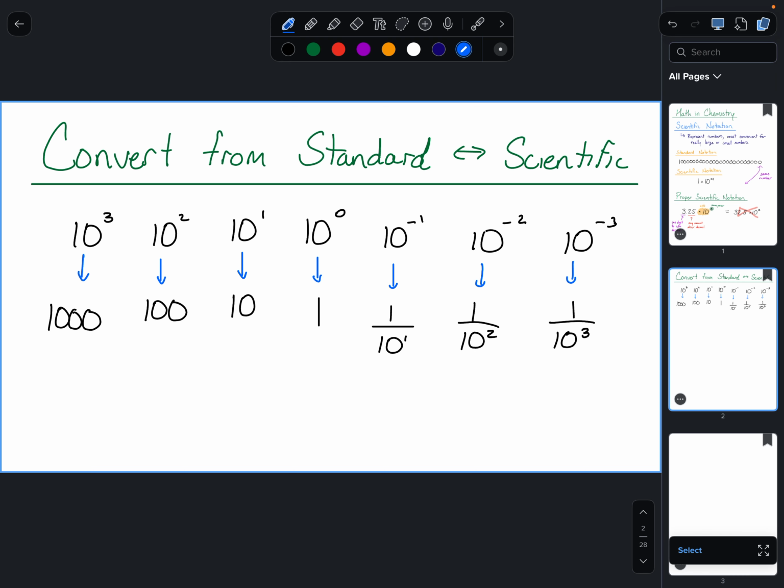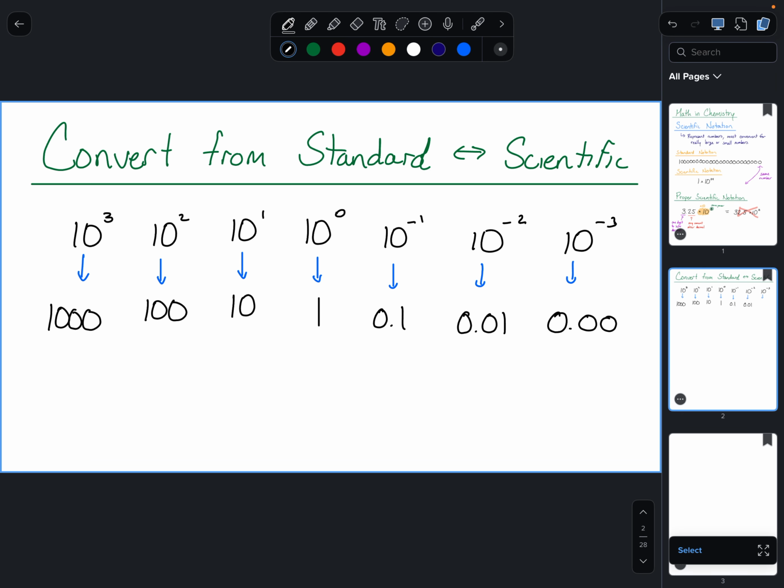And if we evaluate that, what is 1 divided by 10? I'm going to try to keep these on the same line here. 1 divided by 10 is 0.1. So then what do we think 10 to the negative 2 would be? 0.01. And what about 10 to the negative 3? 0.001.